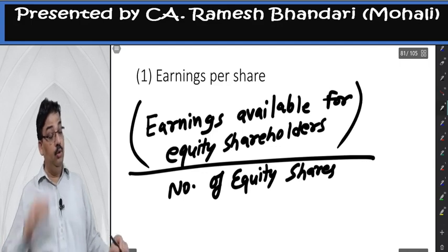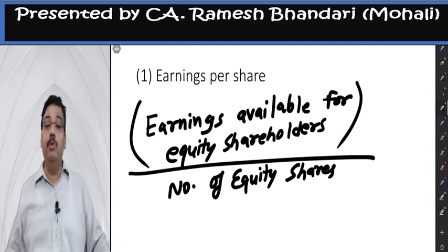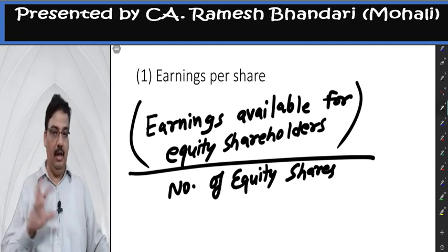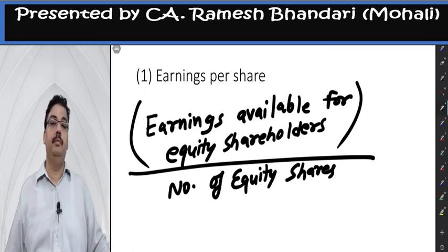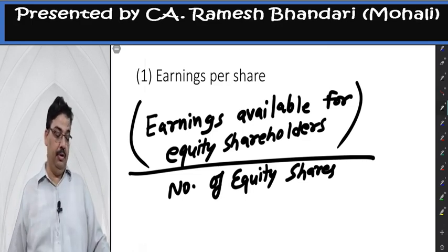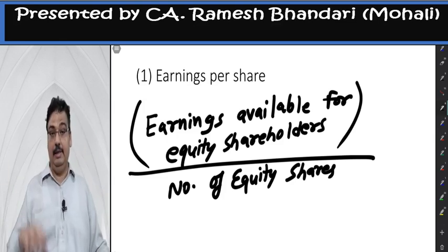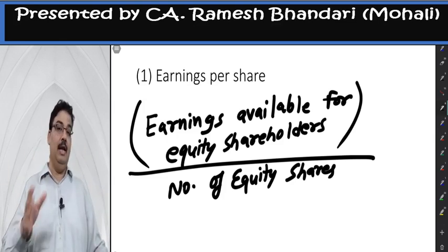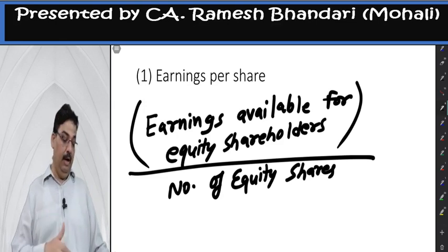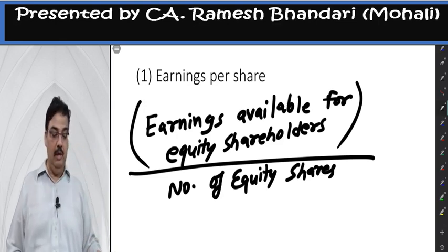In the standard, we use weighted average number of equity shares. We are not talking about that much detail here, but that is not relevant. At your level, this formula is sufficient. Earnings available for equity shareholders means profit after tax and after preference dividend and CDT thereon, divided by number of equity shares. That will give me EPS.